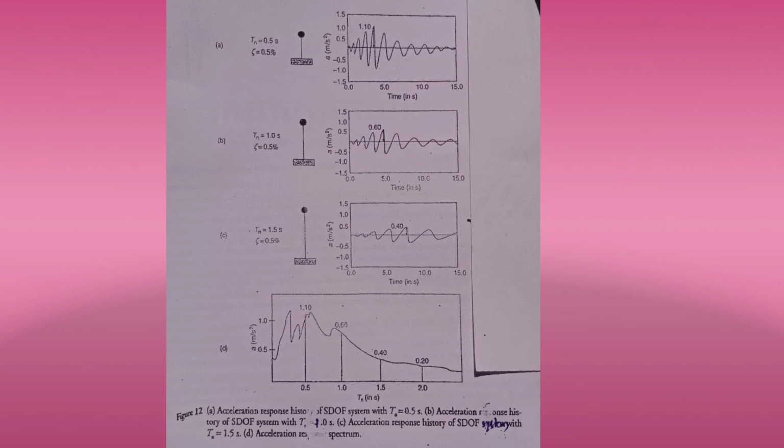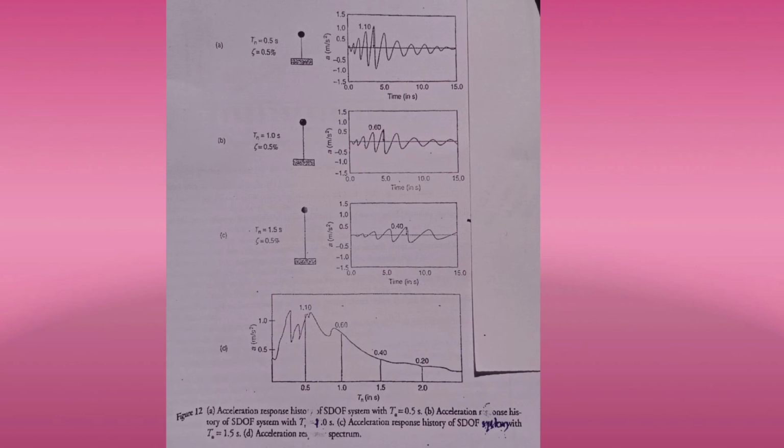In general, the response spectrum is a plot of time period versus acceleration. Time period will be on the x-axis and acceleration on the y-axis. It may be acceleration, velocity or displacement. Here they have considered three single degree of freedom systems with a damping of 5% and time periods of 0.5, 1 and 1.5 seconds.